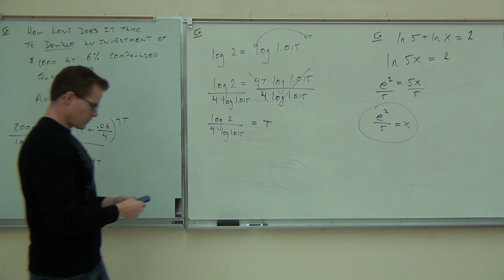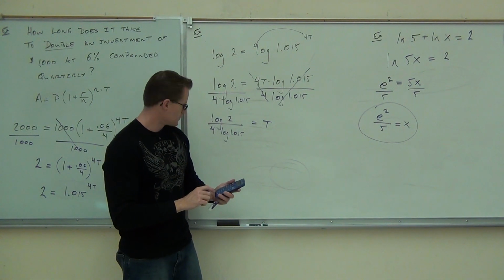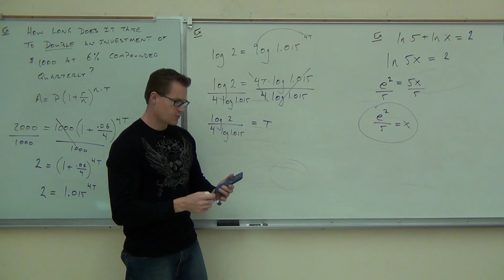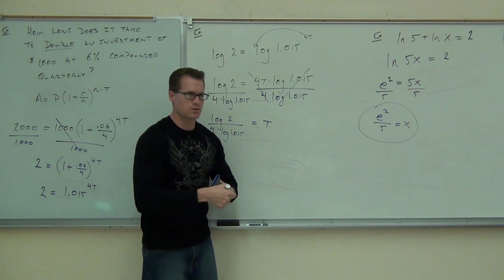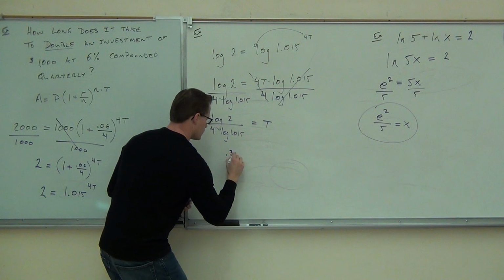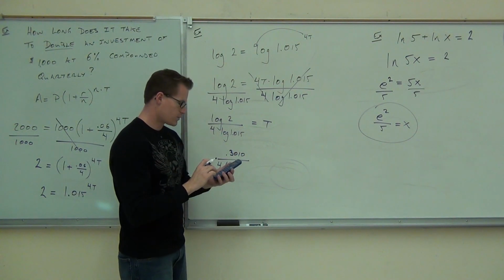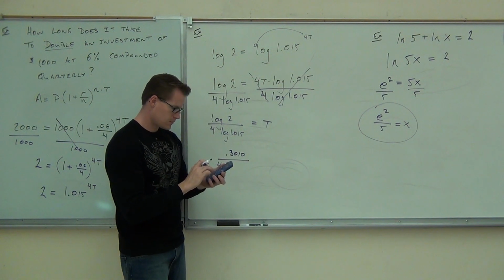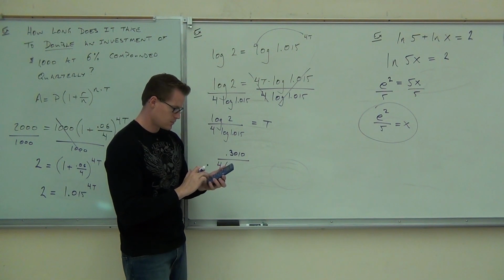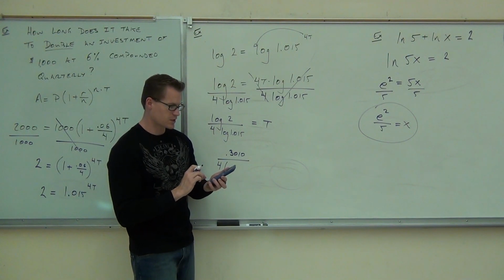I'll do the math for you right now. If you do log of 2, that gives you approximately 0.3010. If you do log of 1.015, it's going to give you 0.006466.